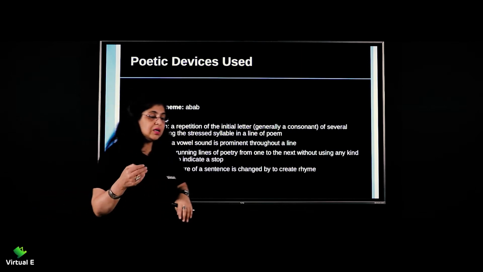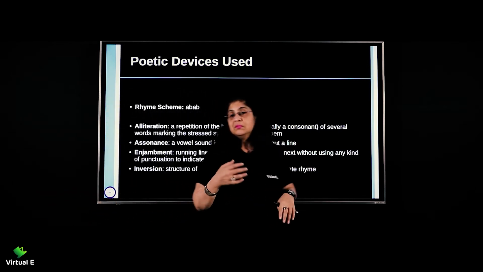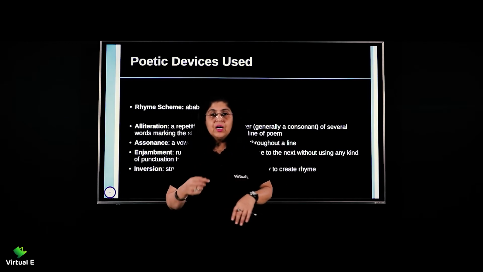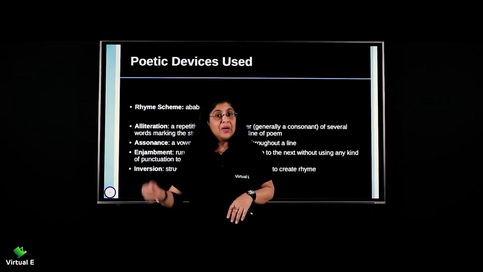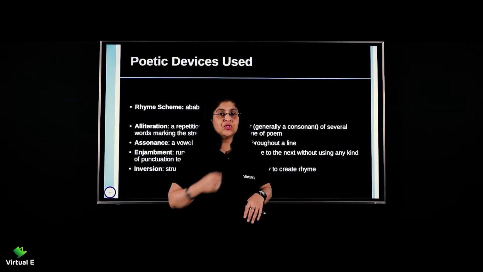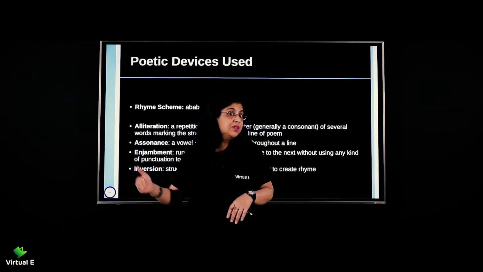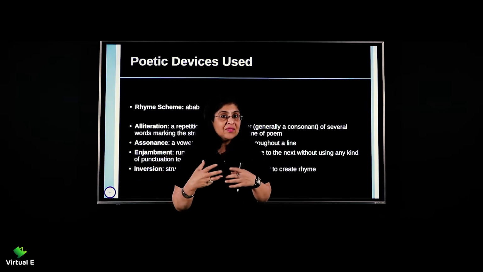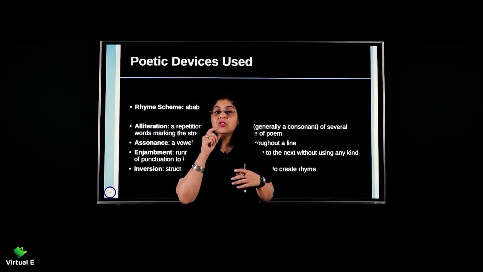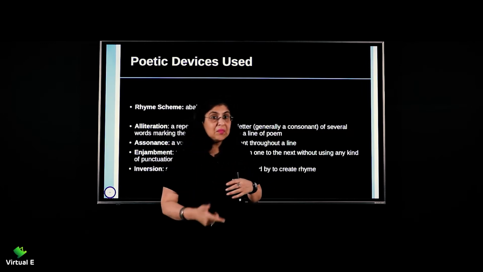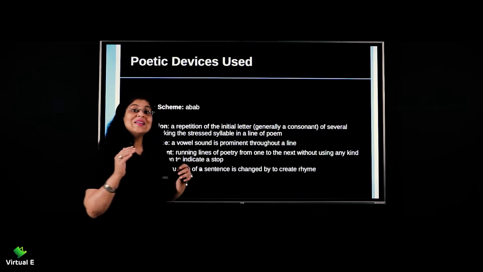So if I give you a simple example: which watch would a witch buy if a witch would watch two watches? So you see, when you have these tongue twisters, there's a repetition of W. I repeated it in the same line so many times. So that is an alliteration.